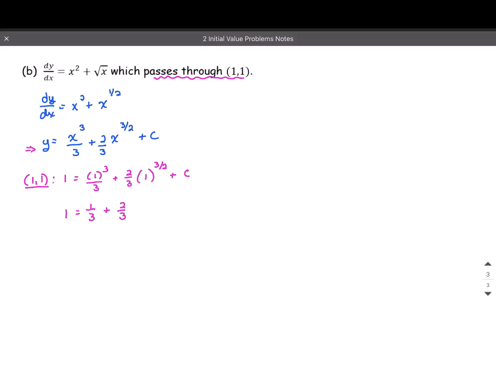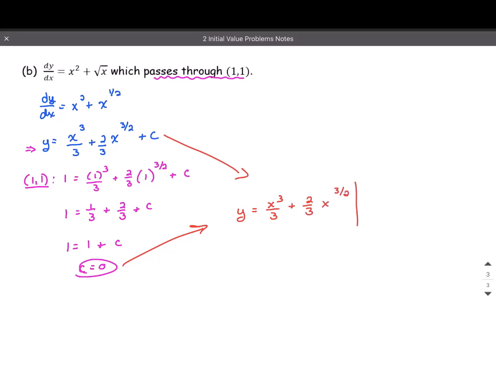Now 1 to the 3/2 is just 1, so we're good there. Plus c. But what's 1/3 plus 2/3? That's 3/3 or 1. So that means that our c is 0. So if our c is 0, that means that our particular solution is y equals x to the third over 3 plus 2/3 x to the 3/2. And we don't add a constant. There we go. Good job, guys.